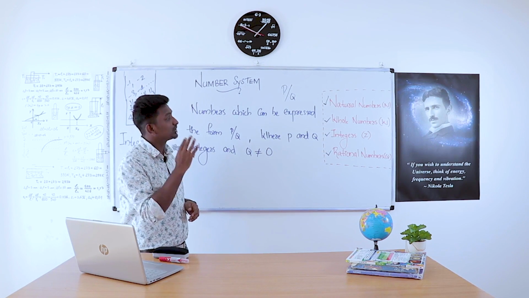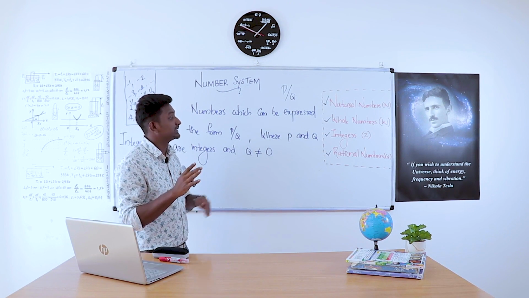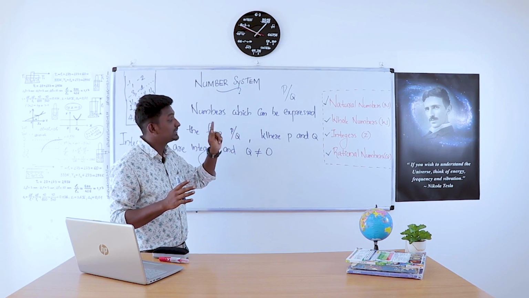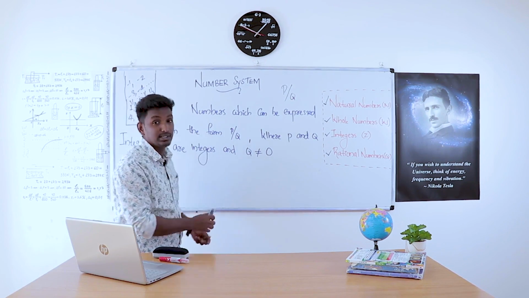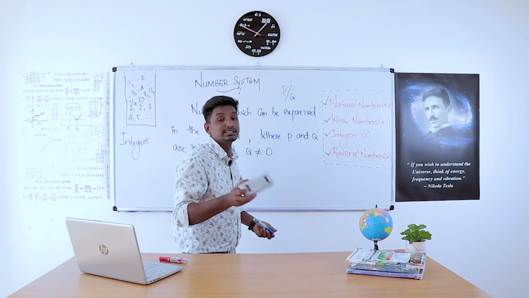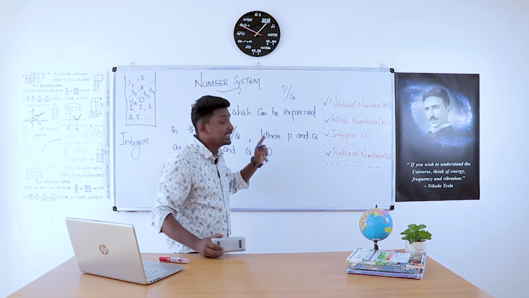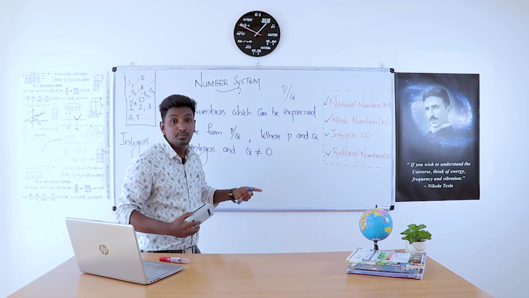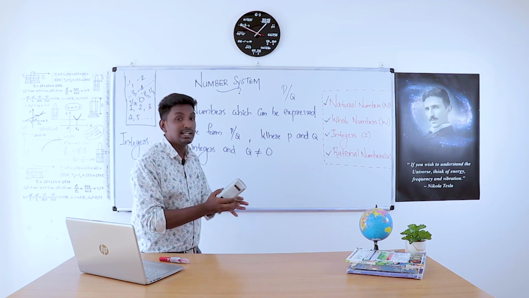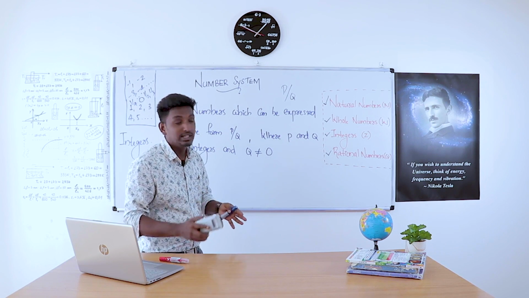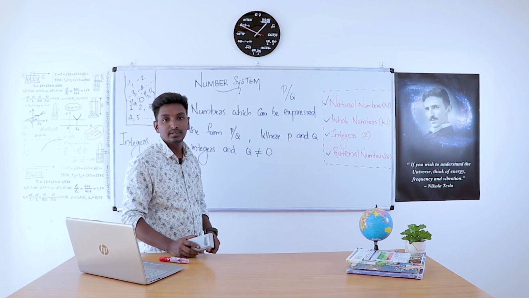Now we go through 4 classifications of numbers: natural numbers, whole numbers, integers, and rational numbers. Now recollect what natural numbers are: 1, 2, 3, 4, etc. up to infinity. Then whole numbers: if we put a 0 together with the natural numbers, then natural numbers and 0 together are called whole numbers.